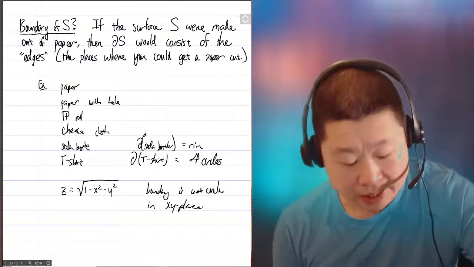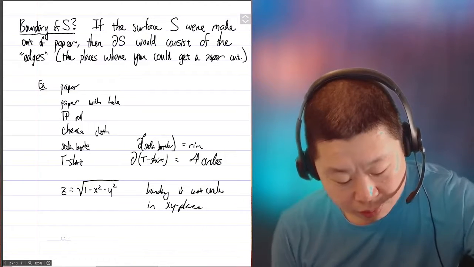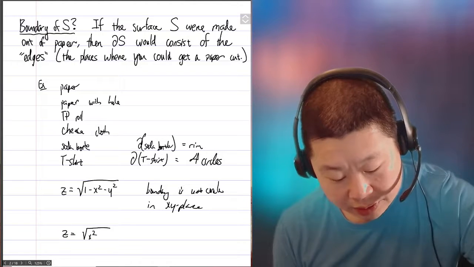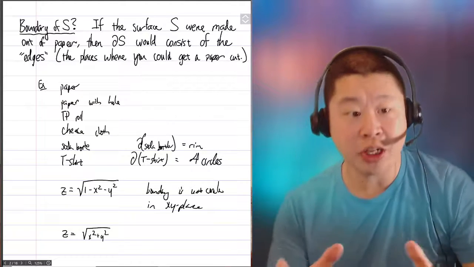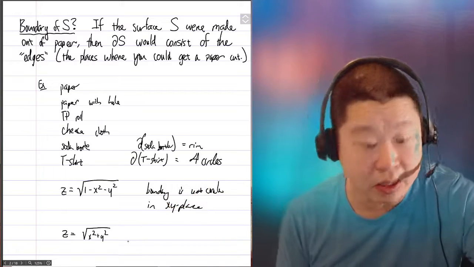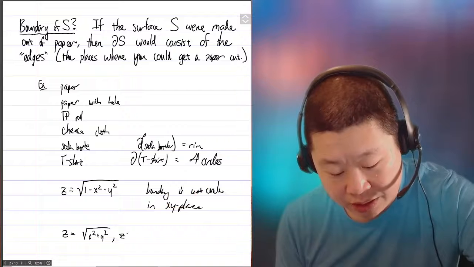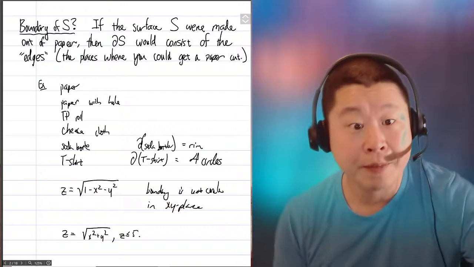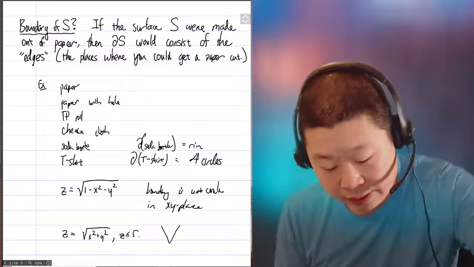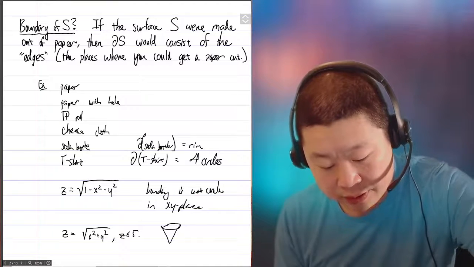And then as a last example, how about z equals the square root of x squared plus y squared. This shape on its own is a cone that goes on forever. So let's also include the restriction that z needs to be less than or equal to 5. By doing this, you have this cone, and it stops, right?